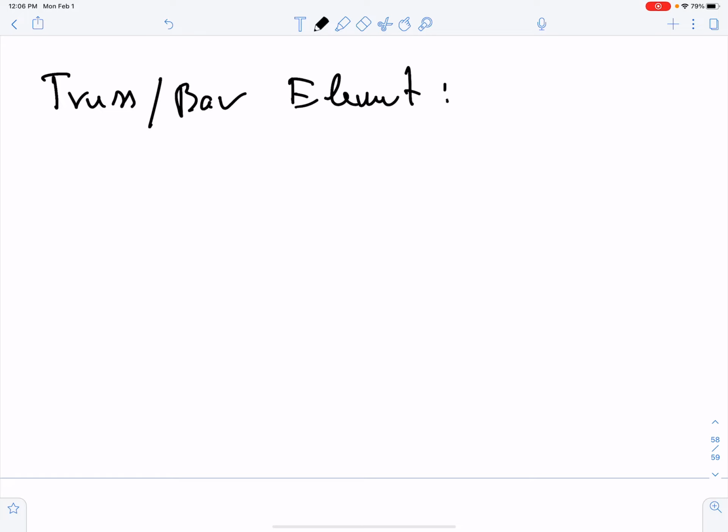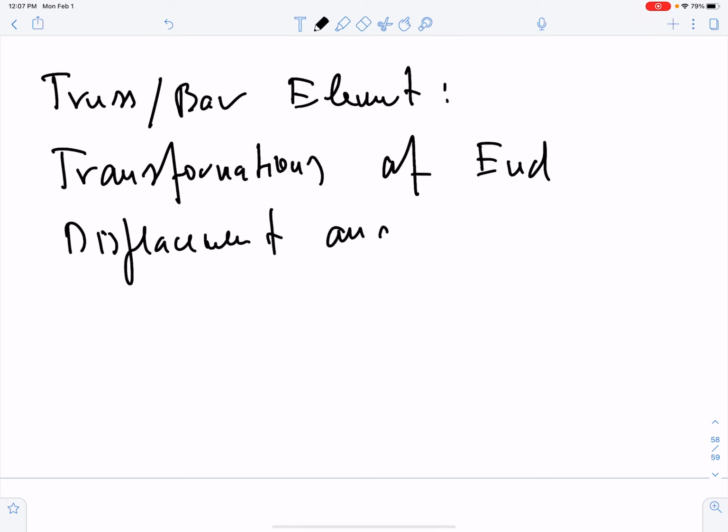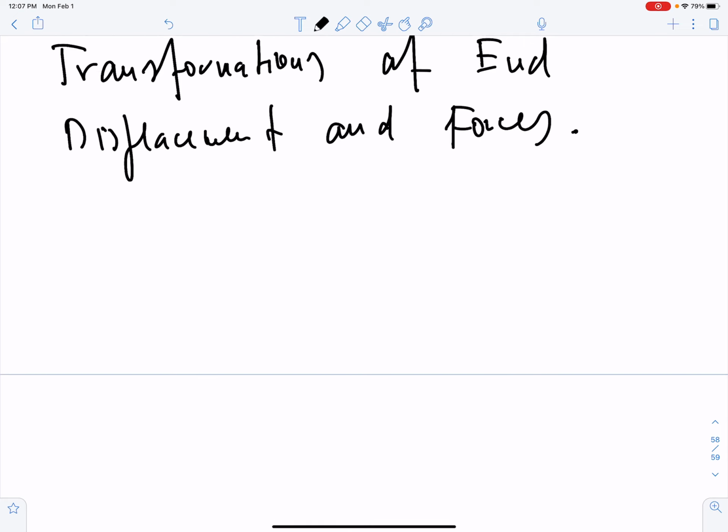And so for this, we need to develop, for truss or bar element, truss or bar, same thing, transformations of end displacement and forces. Okay, good. All right.